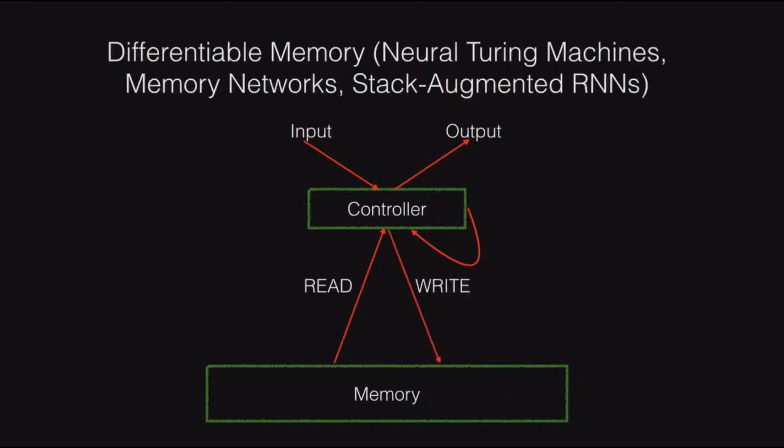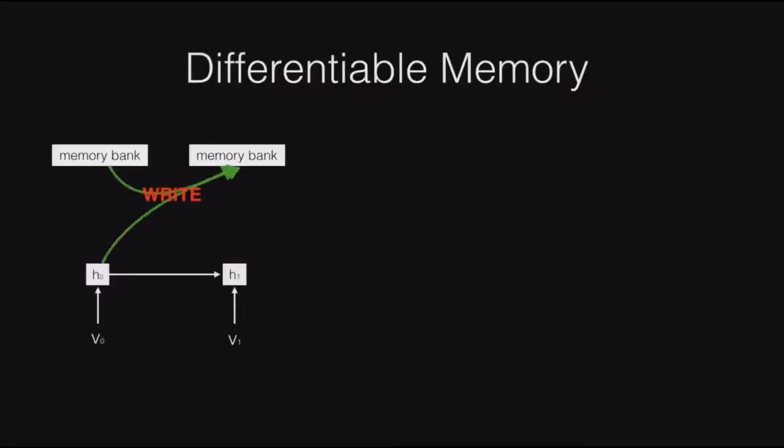Now let's try to be a little bit more general. The general case is that at any point in time, you can read and write. You have a controller, and you can read and write all the time. To do that, you have the following architecture. You have a big memory bank, and you can decide to write some information into it by a combination of the memory bank in the previous step and the hidden variable in the previous step.